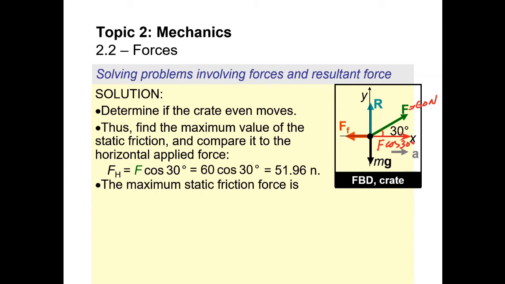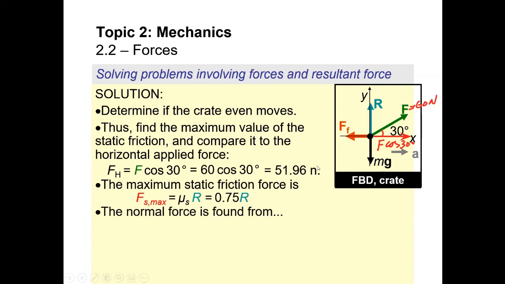Maximum static friction force is the coefficient of static friction, 0.75, times the normal force. The normal force is found from the y component. The applied force's y component is opposite, so that's F sine 30 degrees.